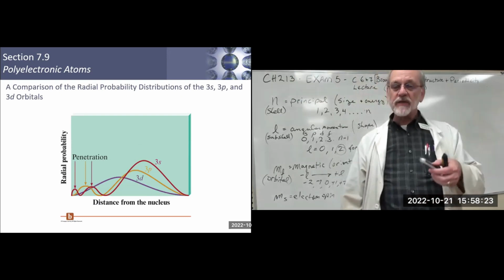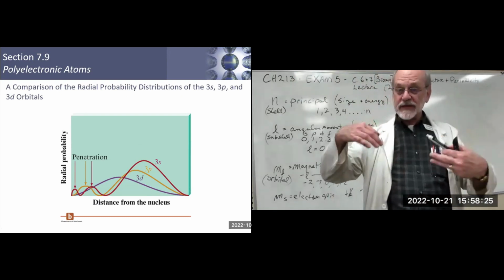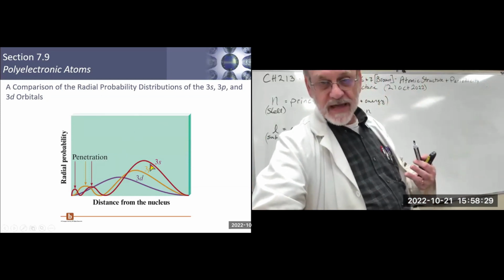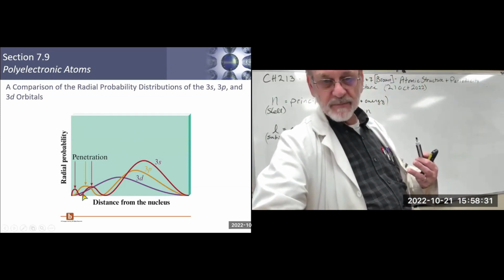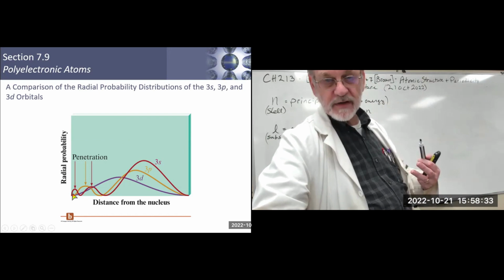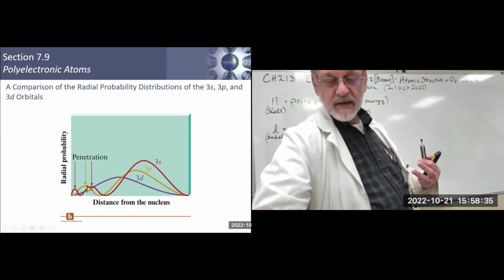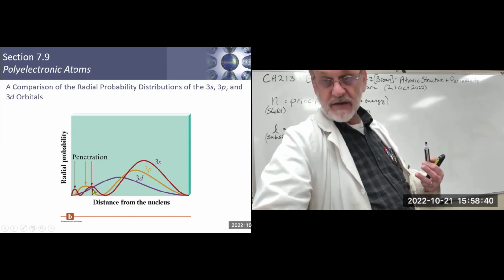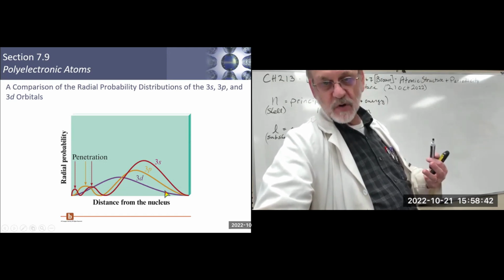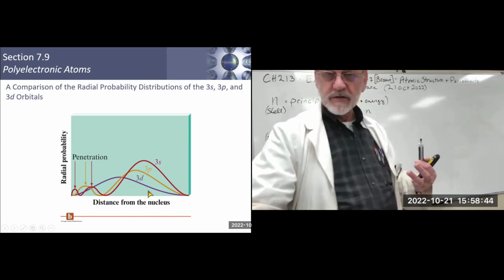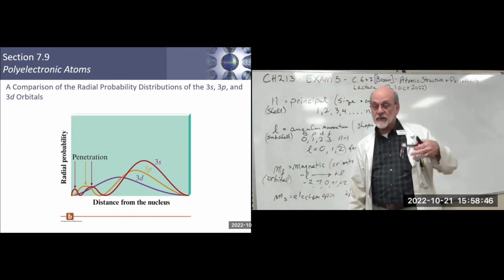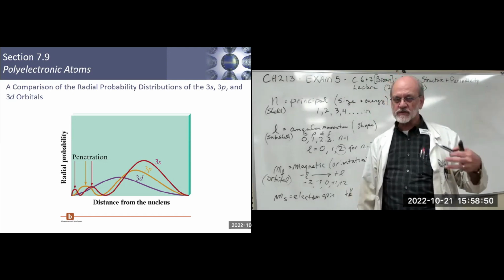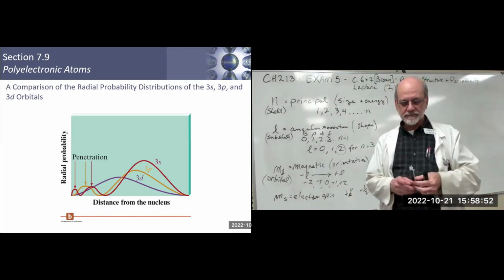Now, if we compare the orbitals within n equals 3, we find that the 3s has a significant penetration close to the nucleus, which makes it lower in energy than the 3p, which also has a contribution here. And then the 3d, which has no nodes, and its most contribution is out here. So you would expect that based upon the penetration effect, the 3s is lower energy than the 3p, which is lower energy than the 3d.